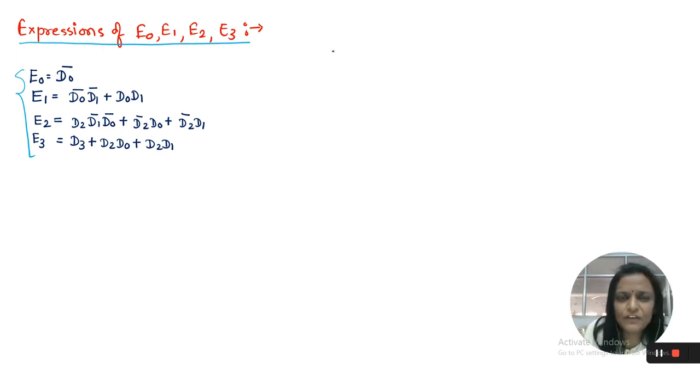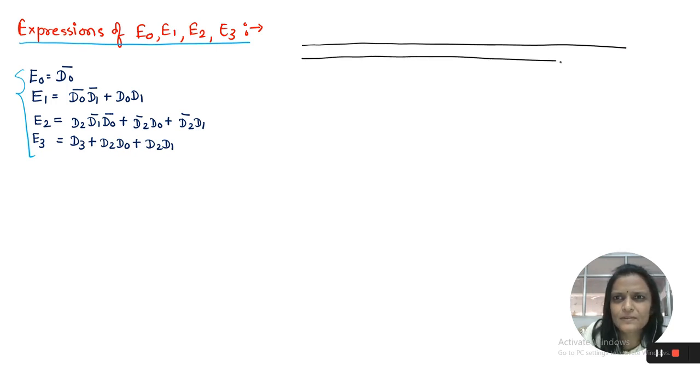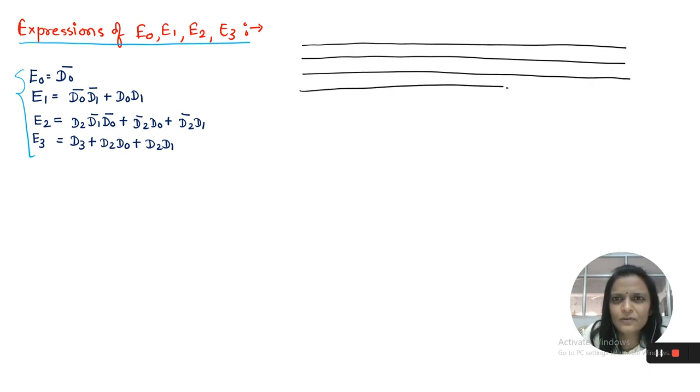As I have 4 variables, I will draw 4 lines for the 4 variables. You can use vertical lines also; it is not necessary, you can draw the logic circuit using only one method. Everyone has their own way to draw. Here I am showing one of them. This is the D0 variable, this is D1, D2 and D3.